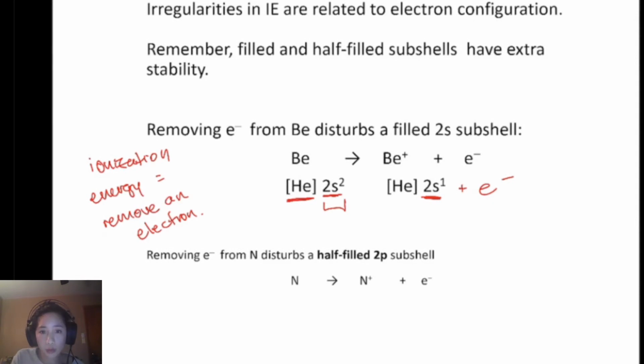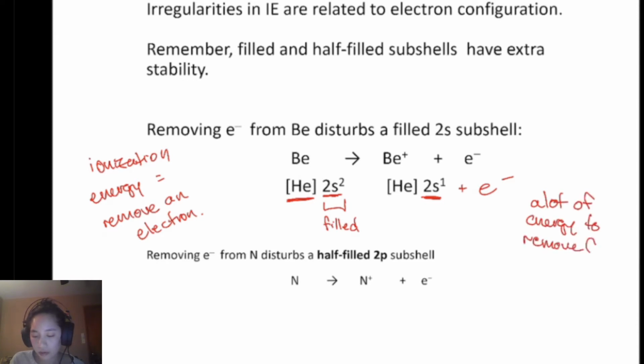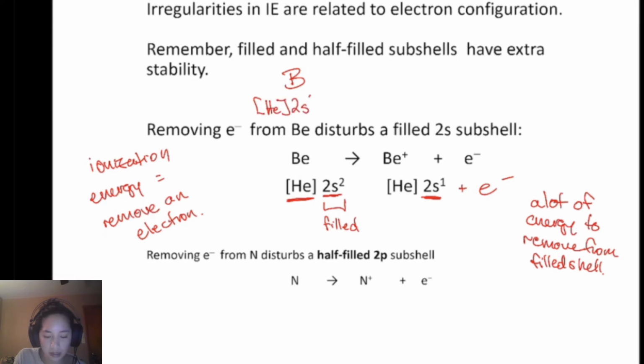We removed an electron from this 2s orbital, which is completely filled. So this is going to require a lot of energy to remove from a filled shell. We can compare this to boron. Boron's electron configuration is helium, 2s2, 2p1.